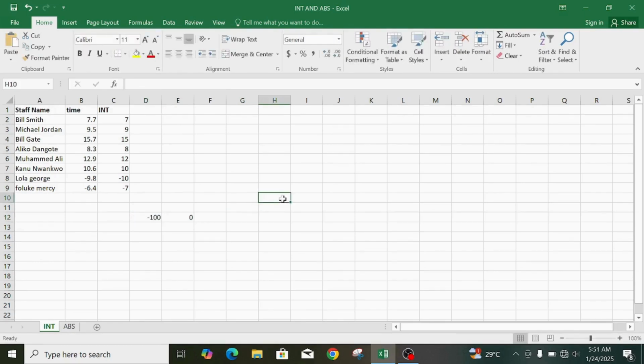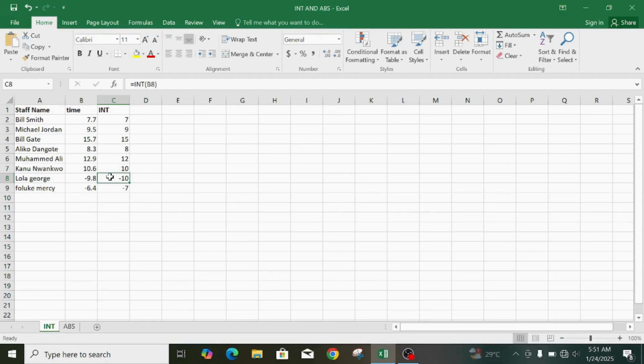You come to the understanding that 0 is greater than minus 100; minus 100 is far less than 0. So it's the same thing that applies here. When we say it's rounding down and we're having minus 9.8, it's rounded down to minus 10. It's because minus 10 is less than minus 9.8.